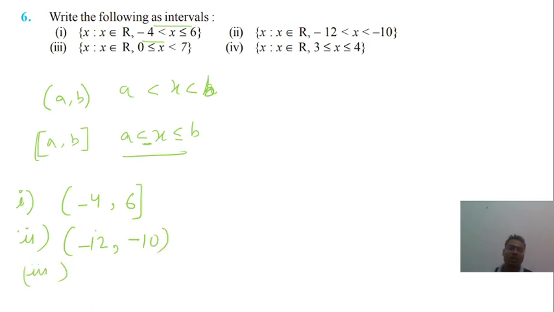Coming to question number third, they put an equals to sign here, so we put a square bracket here, 0 comma 7. And in the fourth part, they put equals to sign on both sides, so we will put 2 square brackets here, 3 comma 4, and that's the answer of this question.